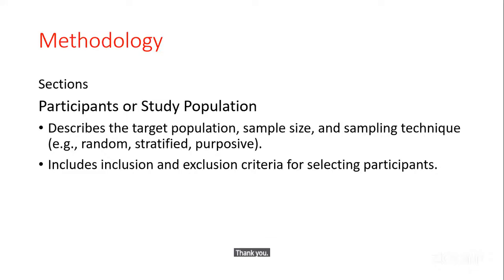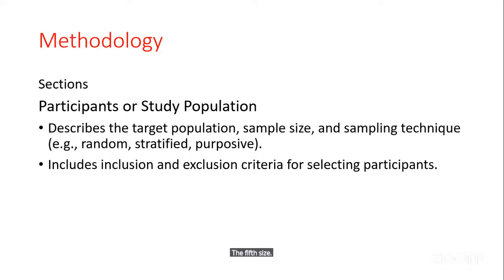So you also calculate sample size. Sample size calculation, you do it so that the number you choose will be representative of the population, so that your study can have effect size and external validity.